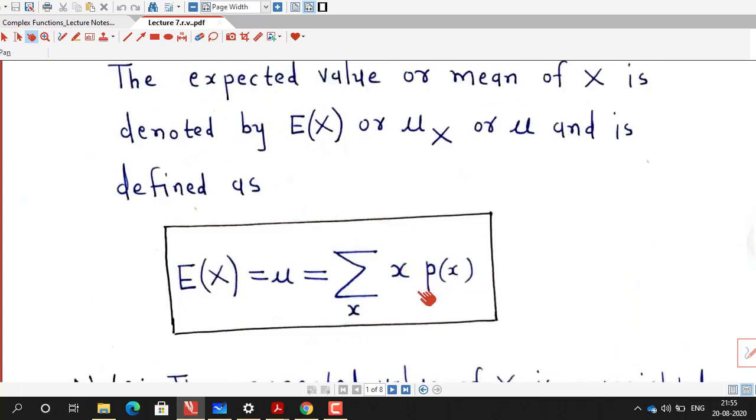So it is nothing but summation of this type of terms. Each value of random variable x is multiplied with corresponding probabilities.